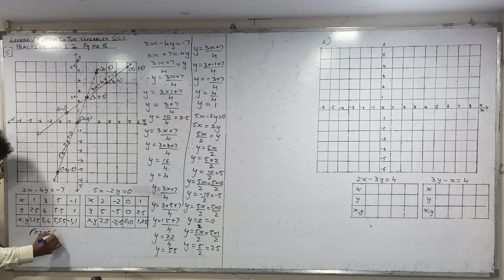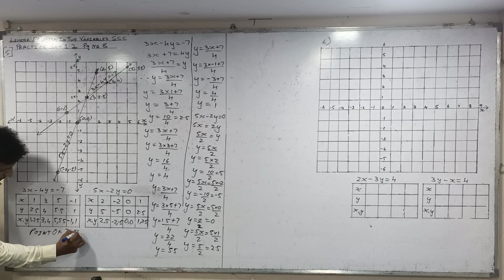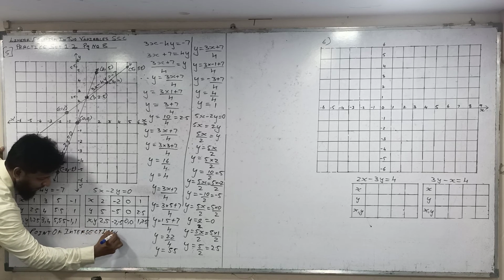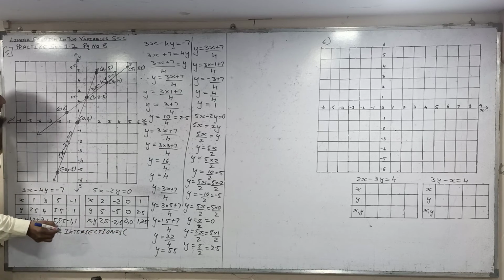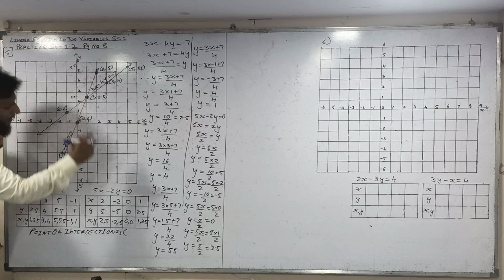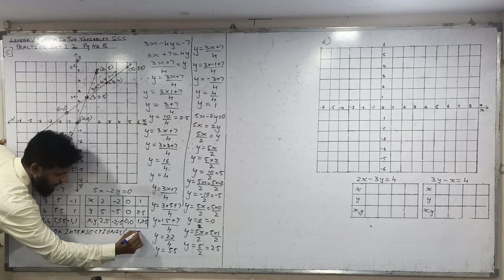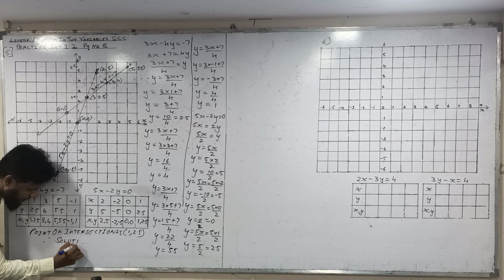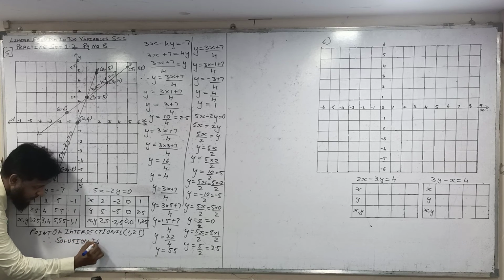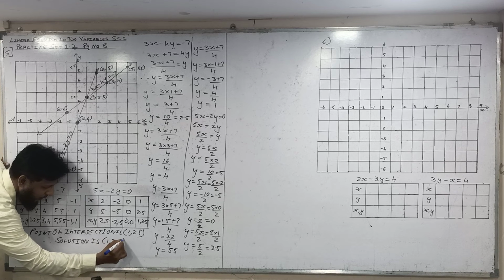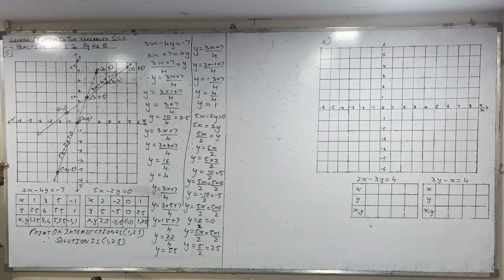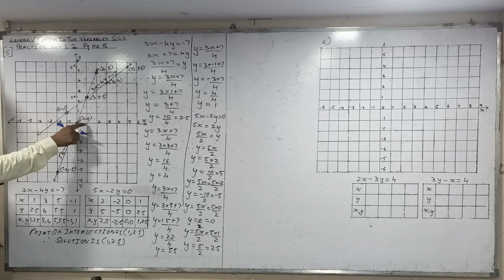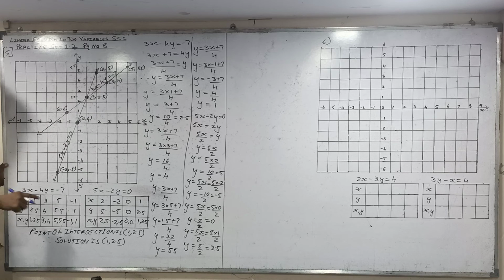Point of intersection is x value 1, y value 2.5. Therefore solution is 1 and 2.5. So this is our intersection point, x value 1 and y value 2.5.